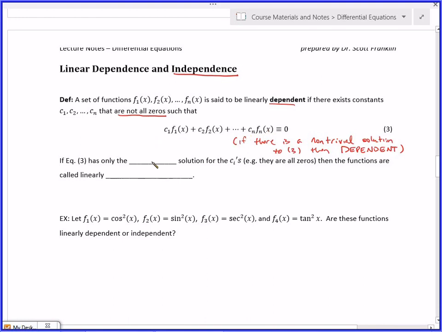On the other hand, if equation 3 has only the trivial solution, in other words, they are all zeros, then the functions are called linearly independent. And again, if you've had linear algebra, you remember dependent, bad, independent, good.